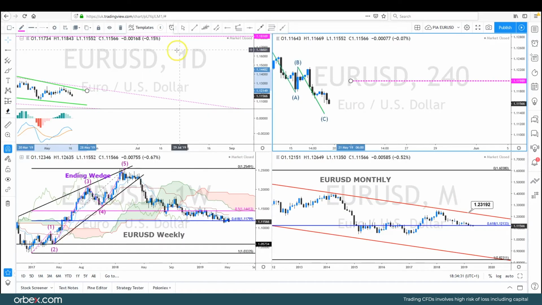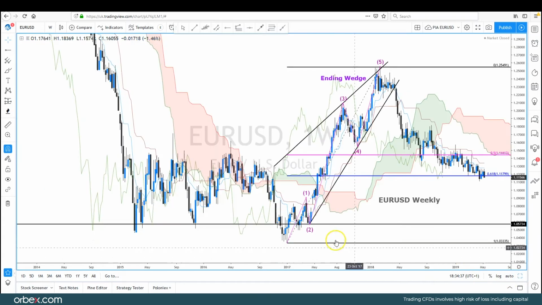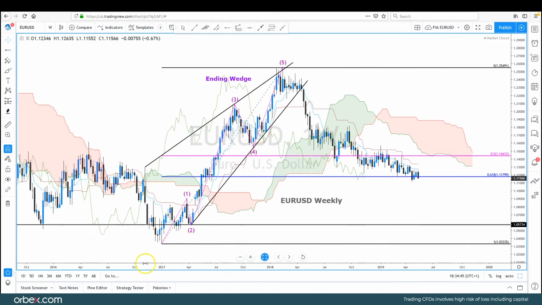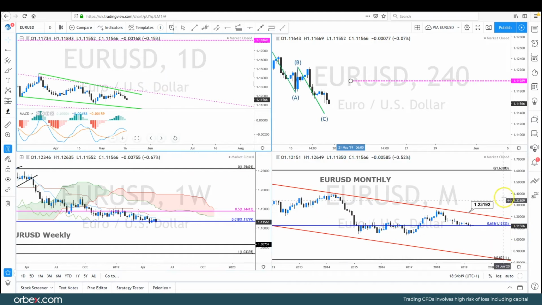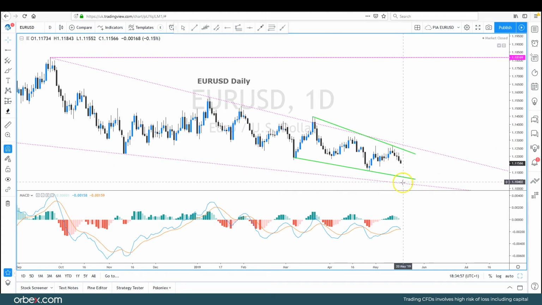Okay, euro dollar weekly chart, still trading close to 61.8% Fibonacci. Outside week last week normally indicates strong selling. If we go to the daily chart though, we've still got these two wedges. So we've got this large wedge formation, which has a trend line down here, 110.37 ish, and then we've got this inside wedge with a trend line support at 110.74.